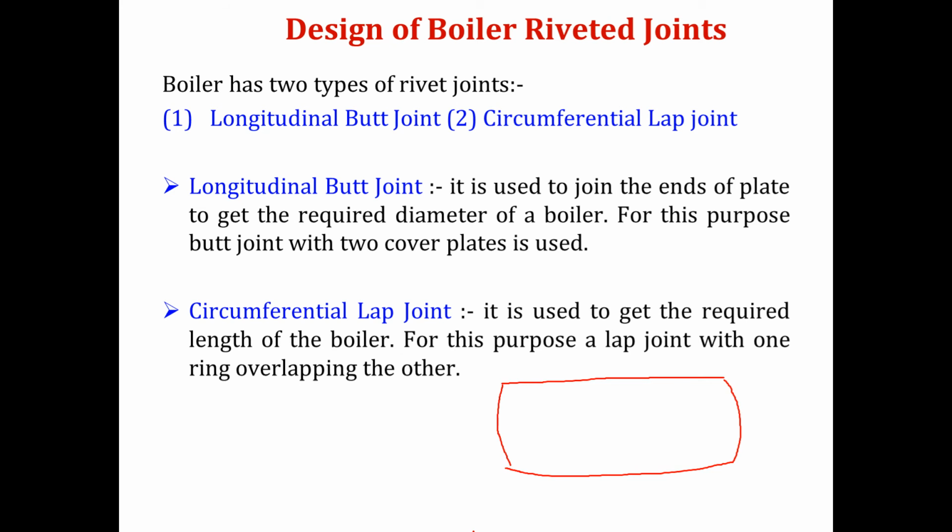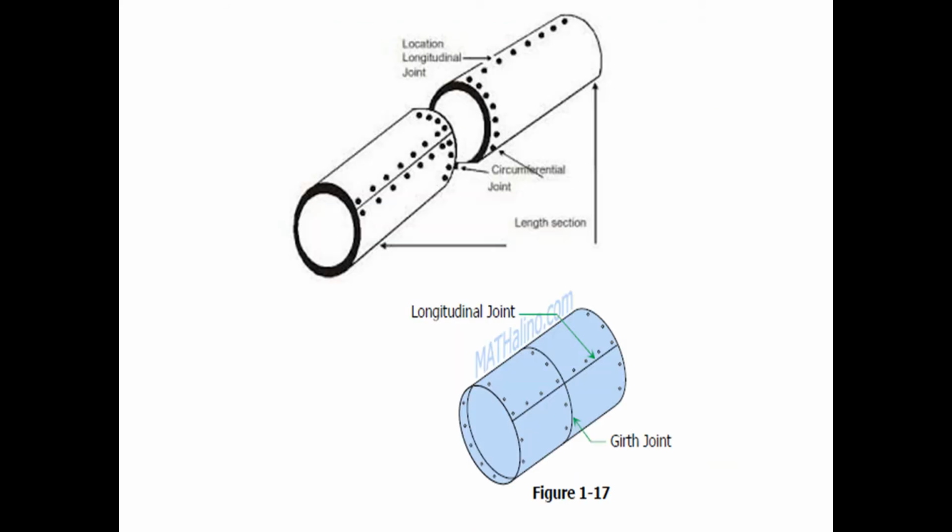Yes, sir. That means can I say that the shape of the boiler is somewhat like this? Yes, sir. Okay, fine. So this is the shape of a typical boiler.